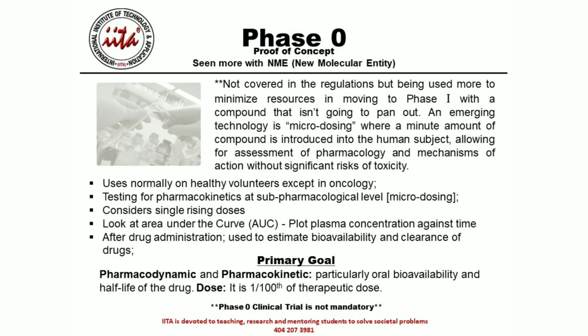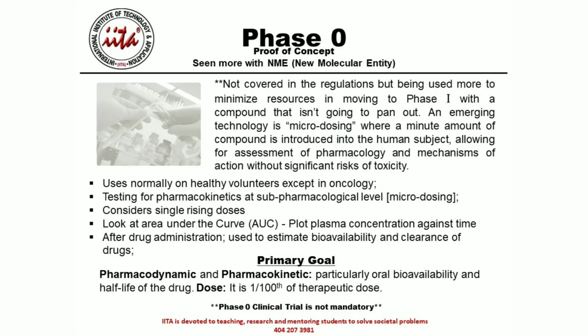Phase 0 consists of testing for pharmacokinetics at the subpharmacological levels, better known as microdosing. This phase also considers single rising doses to identify levels of toxicity. In this phase, we also plot the plasma concentration against time, where we look at the area under the curve to determine levels of toxicity.